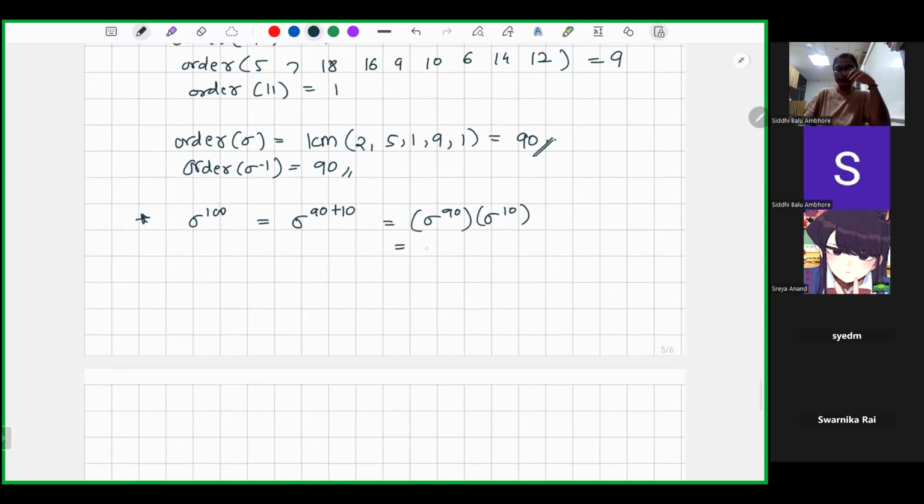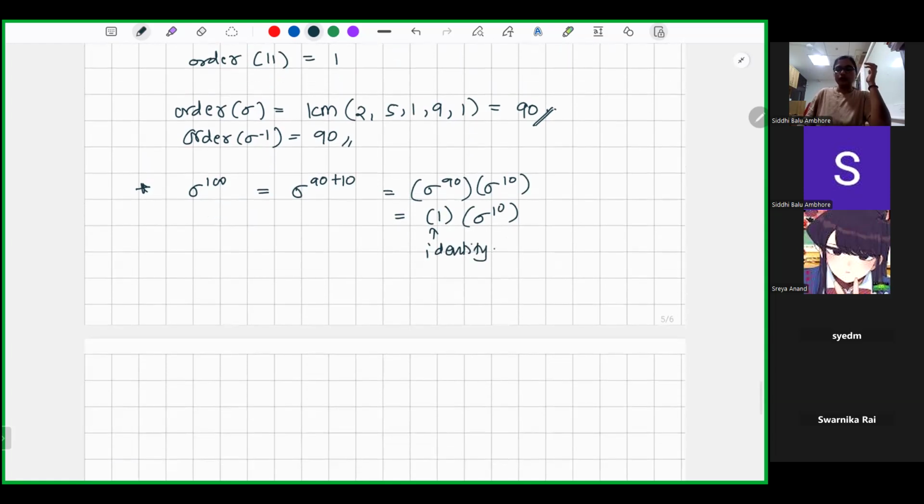So it becomes the identity, and sigma power 10.